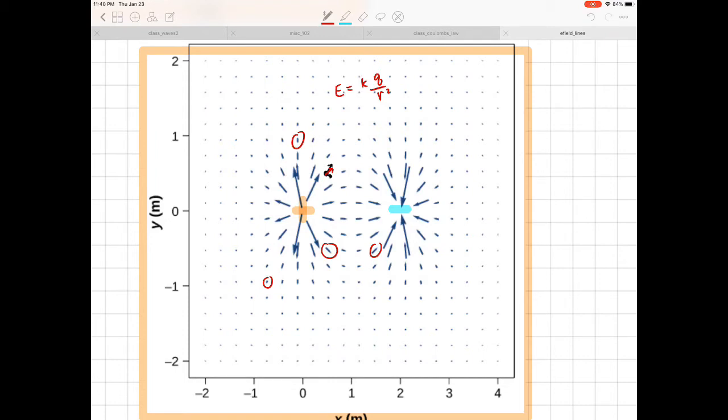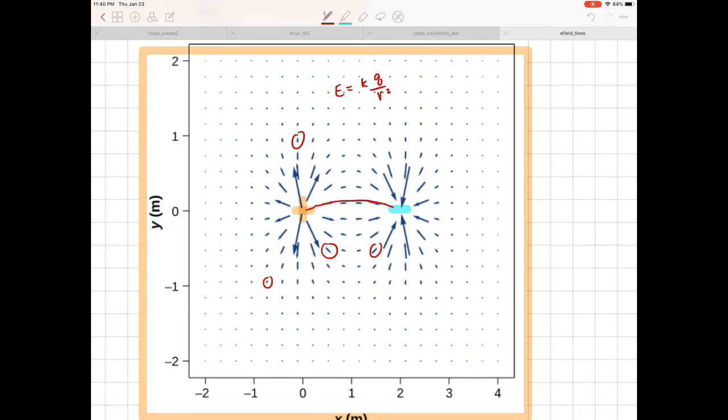And so what I want to point out is that we can use these vectors to represent the electric field, where the length of the arrow is the magnitude and the direction of the arrow is the direction of the electric field. But we can also do another thing, and the easiest way to see that is by me sketching out some of these.